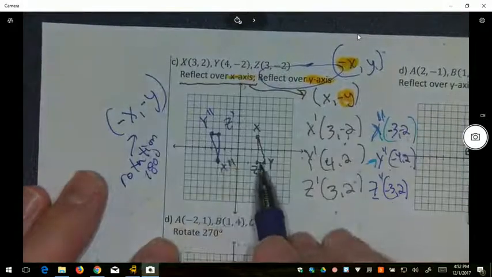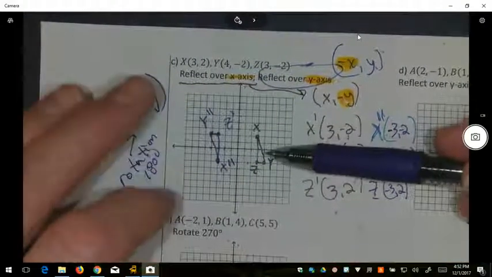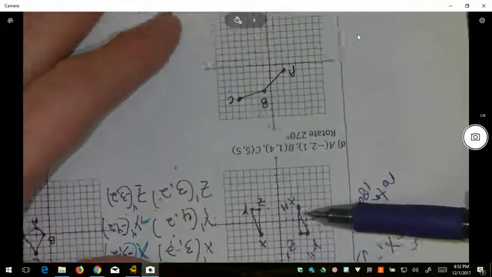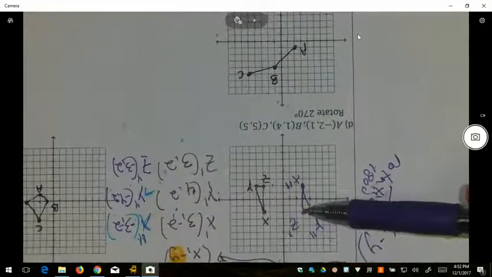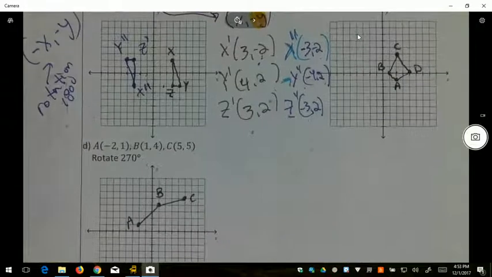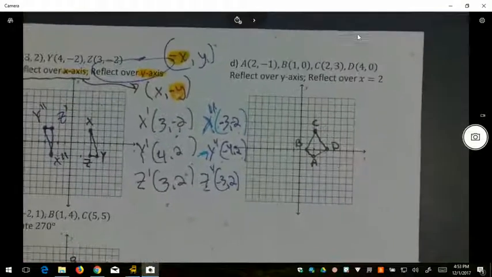And you can see that because if I took this image, look at where it's sitting right now, I'll keep my pen right there, and I turn my paper 180 degrees, I see the exact same image if this was the y and x axis. So that's a 180 degree rotation by reflecting over the x and y axis.